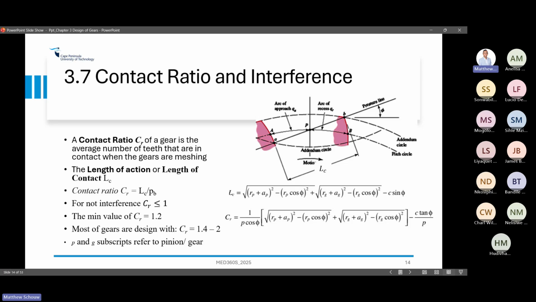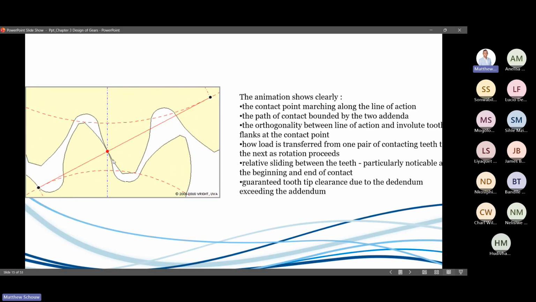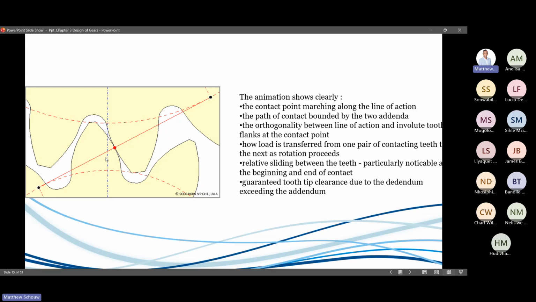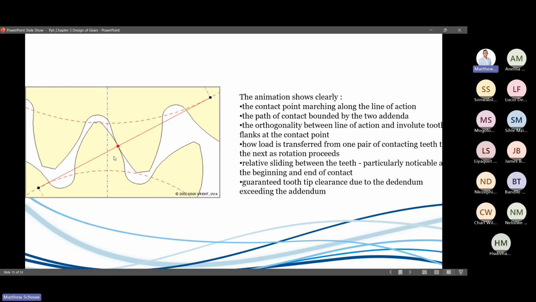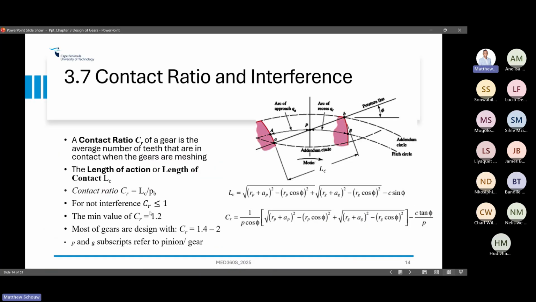The reason being, it means that as a gear is rotating, at least one pair of teeth are in contact. If you get a value less than or equal to 1, that means there's some interference happening, right? So that means the teeth are not mating.